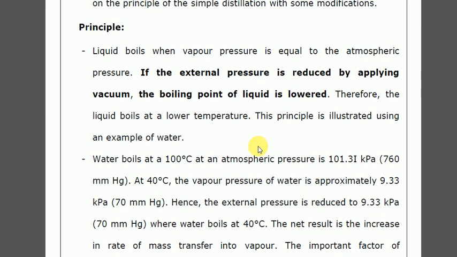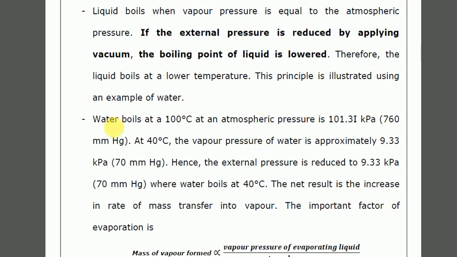So, let's take an example of water. Water boils at 100 degrees Celsius at an atmospheric pressure of 101.31 kilopascal, that is 760 mmHg. Okay, at 40 degrees Celsius, the vapor pressure of the water becomes 9.33 kilopascal, that is approximately 70 mmHg.